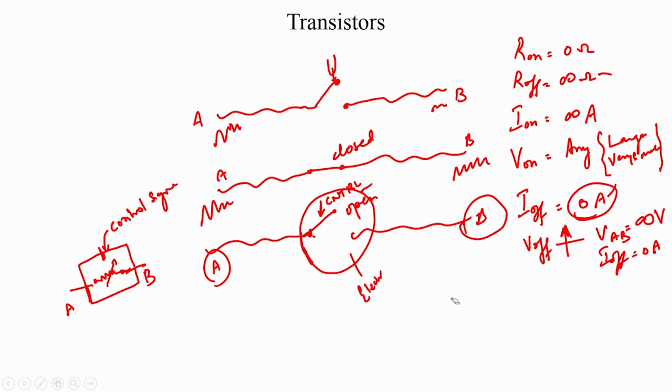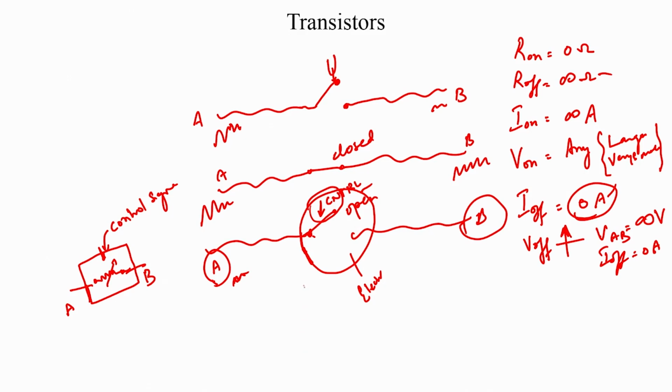Okay. And the other thing is that we would not like the control signal to influence the message. So here you want to send a signal, a message between A and B, from A to B, right. You do not want any signal that you use to control the transistor to influence that message.